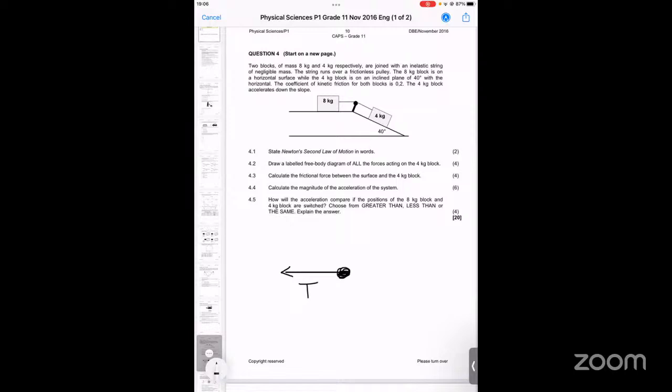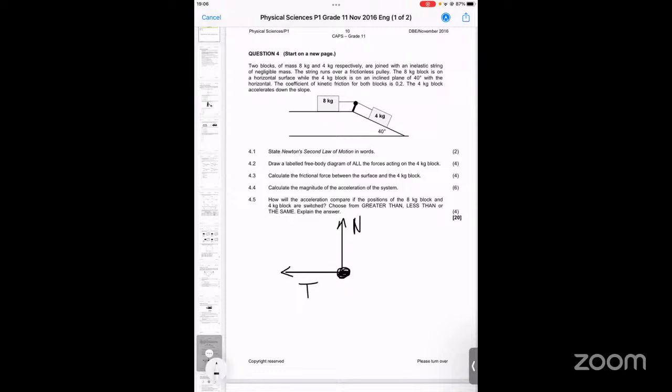And then across going up would be the normal force, sir. A normal force going up like that. Yes, sir. And then there would be an FG parallel, sir. FG, I mean FG perpendicular, sir.